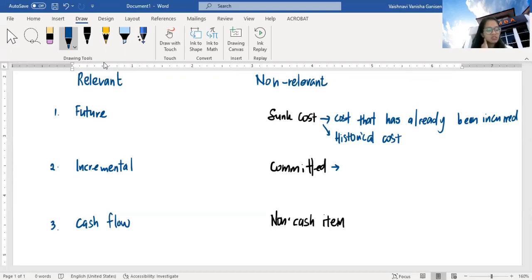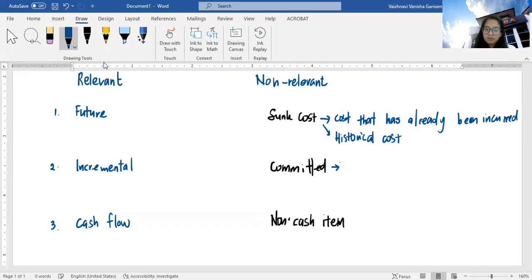Because you enter into a rental agreement today, you have signed the contract that you will have to pay rental of, let's say, $1,500 for the next 1 year. But you must remember, whether or not you use that property, you need to pay rental because you have committed to incur this cost, to pay this amount. So it's not because of a decision, it's a result of a contractual agreement.